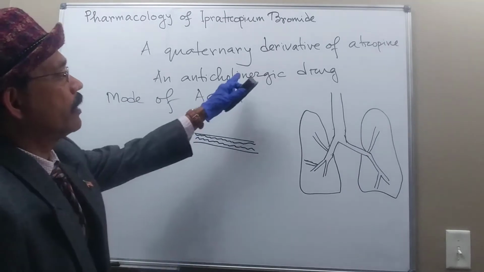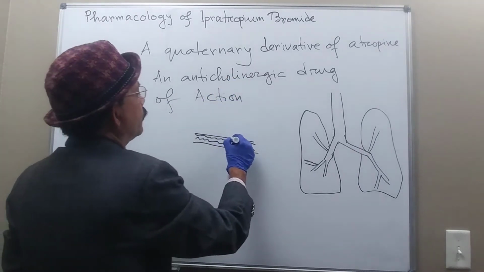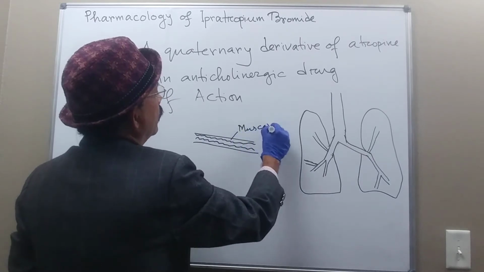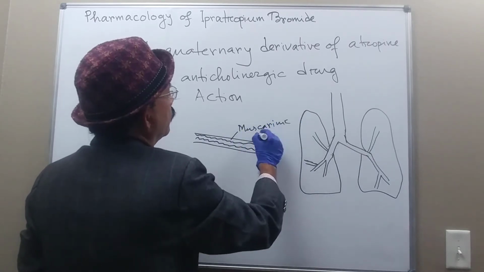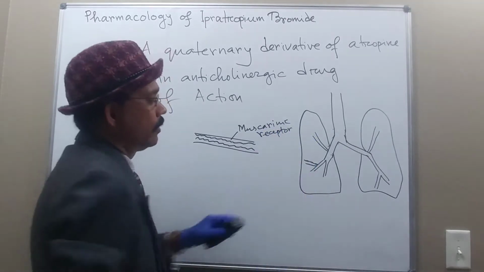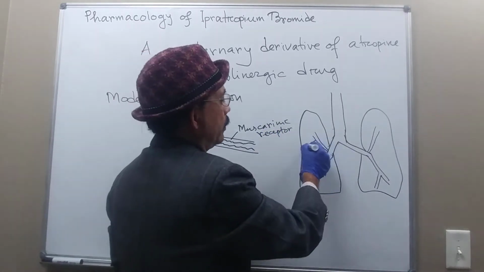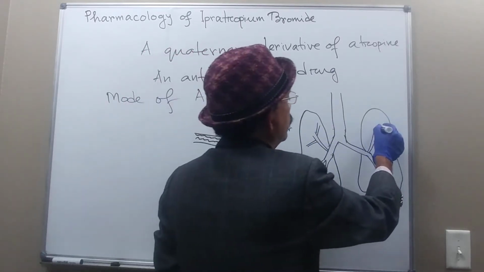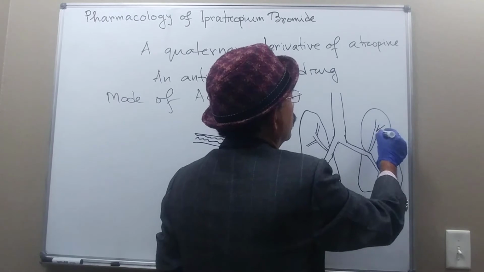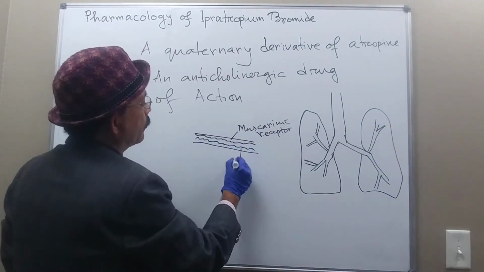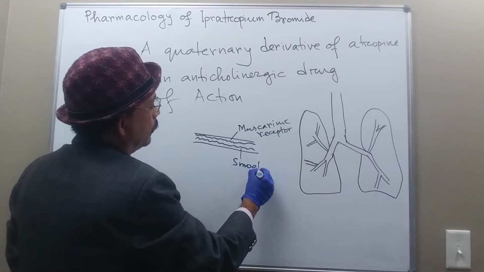So this is an anticholinergic drug. We have muscarinic receptors here, and those are present in the bronchial wall, on the smooth muscle.